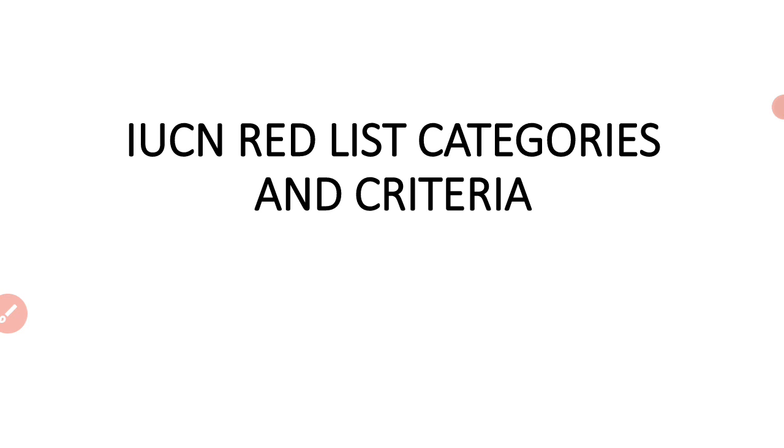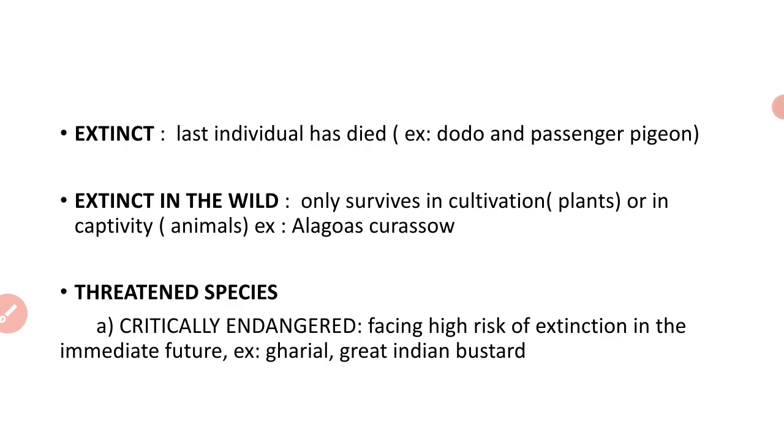IUCN Red List categories and criteria are defined for classifying species that are at high risk of global extinction. So, we will be seeing all the categories and how the criteria are being given so that we can classify the organism within these categories. You can see first is the extinct one.